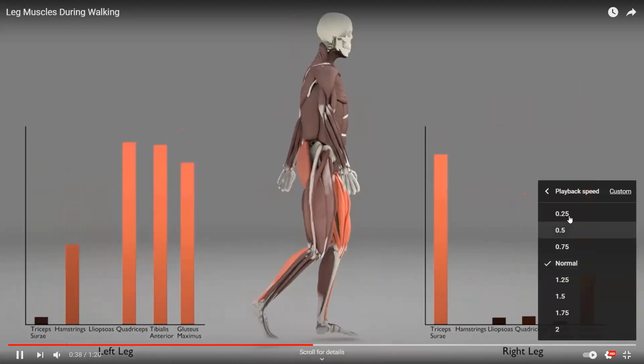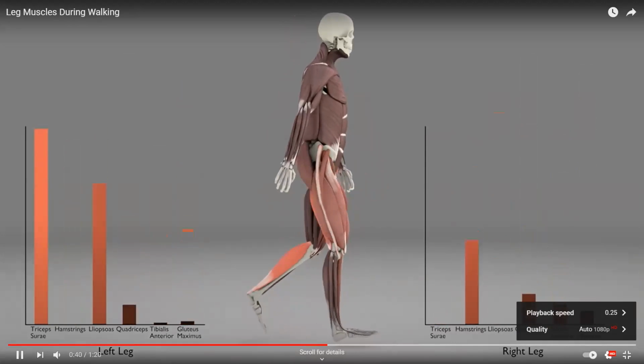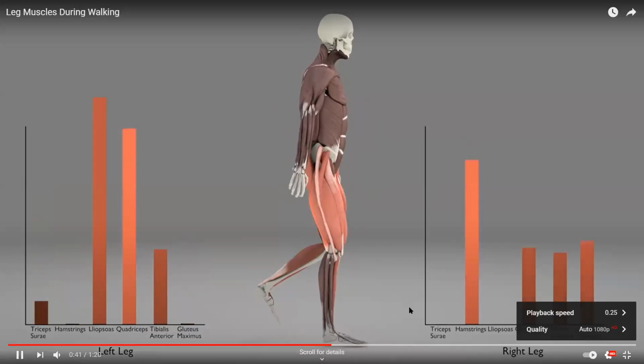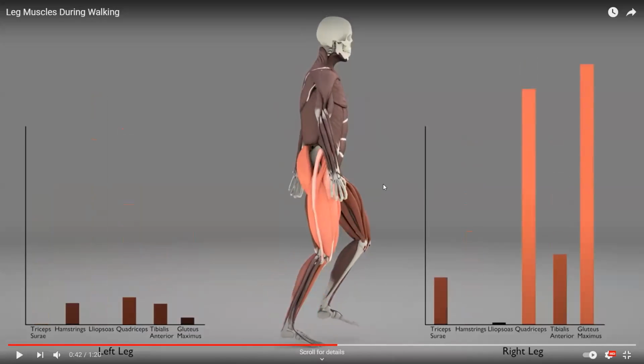I want you to slow it down as slow as it'll go, then pause it at certain sections and quiz yourself: what phase is this leg in right now? So let's do another practice run, and remember, we're only looking at one leg at a time.